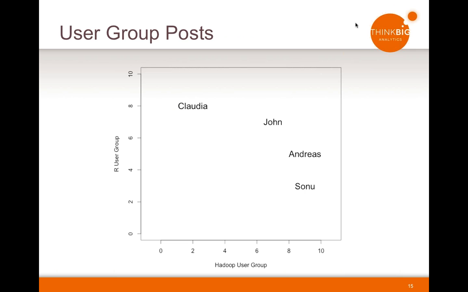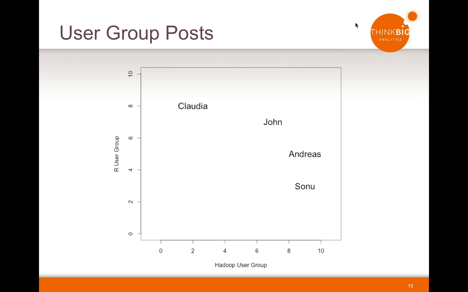Let's take an example again. Suppose we have 2 dimensions in this case. We have an R user group and a Hadoop user group. And Claudia, John, Andreas, and Sonu are all members of both of these user groups. These are online user groups, and suppose we're just measuring how many times each of these individuals has posted a discussion item over the last month, say.